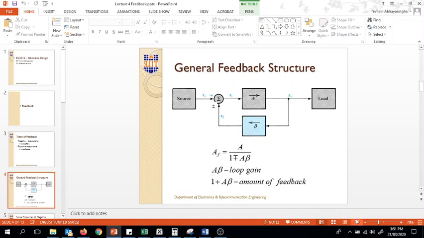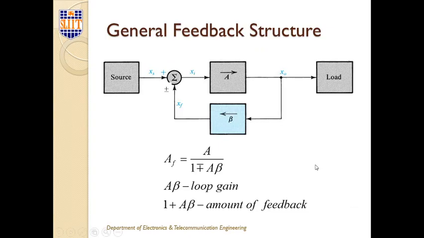Now in here, 1 plus Aβ is the amount of feedback. Loop gain is Aβ, so it's actually the gain of the loop, right? So this is the loop, and loop gain is Aβ.